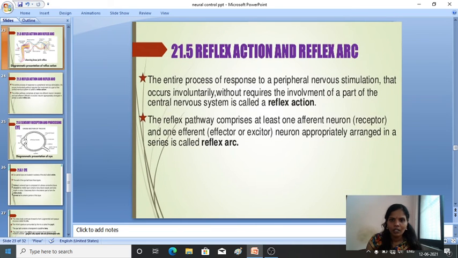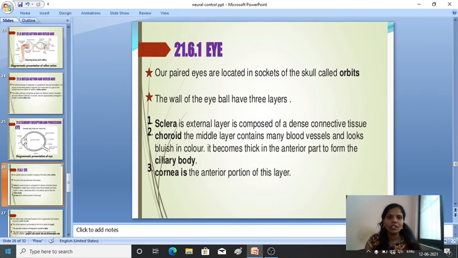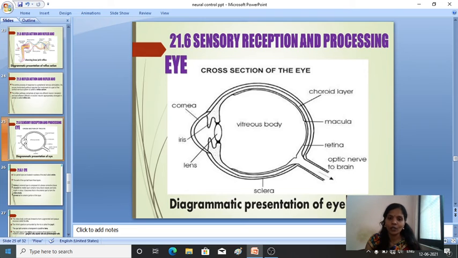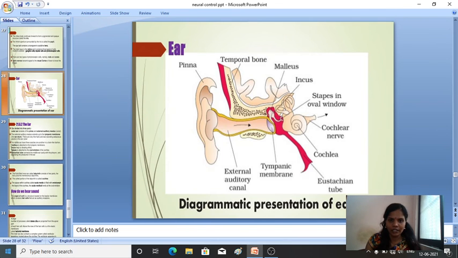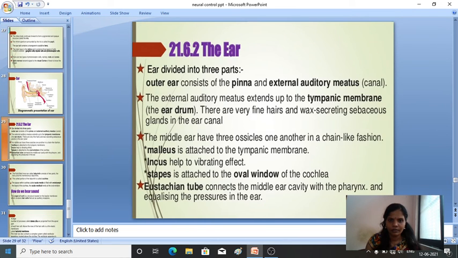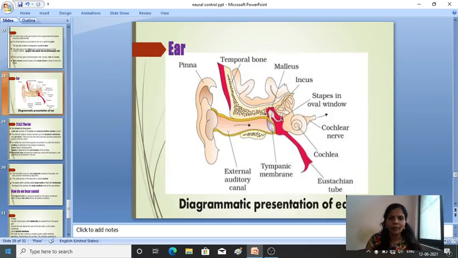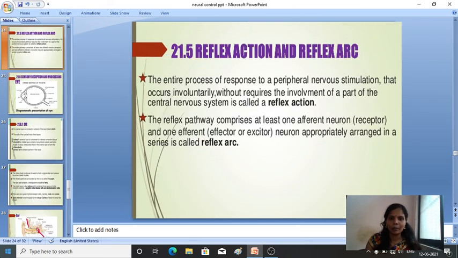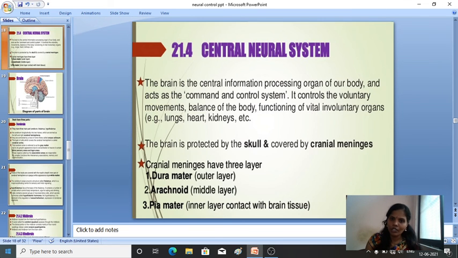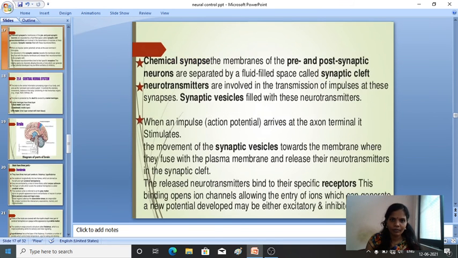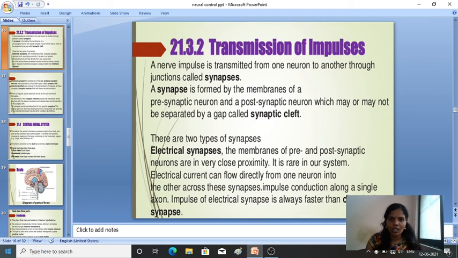Okay, hope it's clear to you. It is the eye, the structure of the eye. It is also important. The diagram is important. You can refer to this diagram. Then the ear. Okay, eye, ear and brain. So these three are the important concepts in this chapter. Then the transmission of impulse.